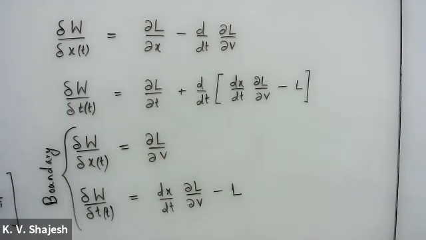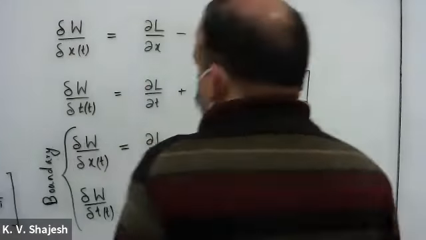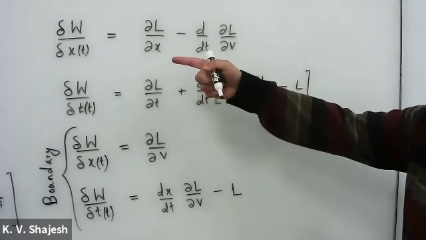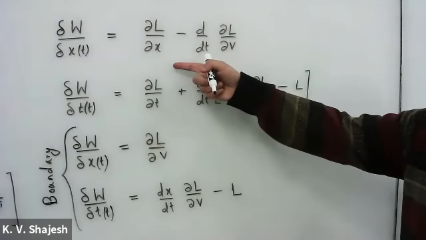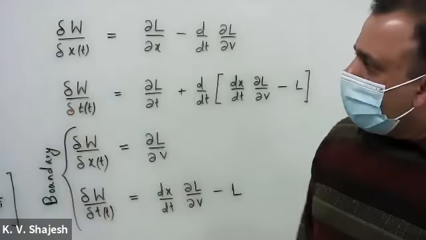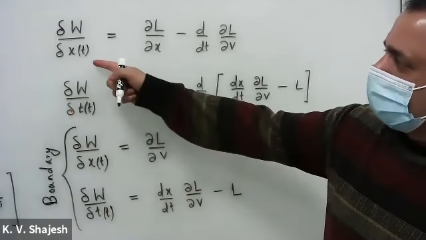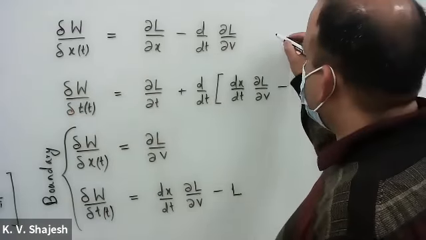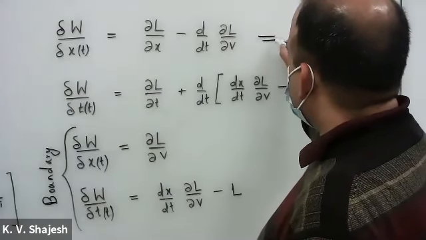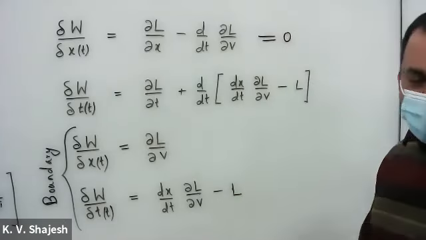Now here is the stationary action principle. It says that the variation in the position of the particle along the whole path has to be equal to 0. This is dynamical, you set this to 0. That's the stationary action principle.